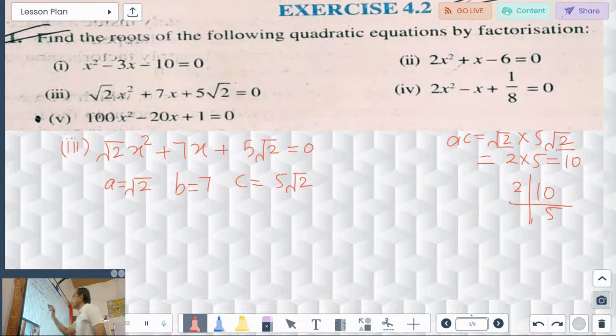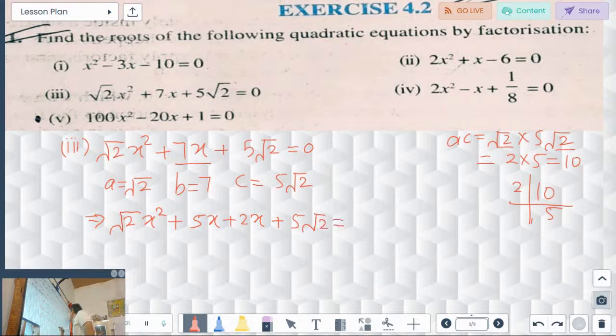Now we can write here root 2 x square plus 5x plus 2x plus 5 root 2 equal to 0.